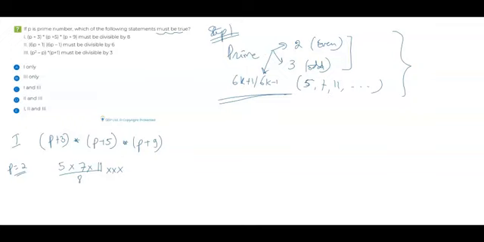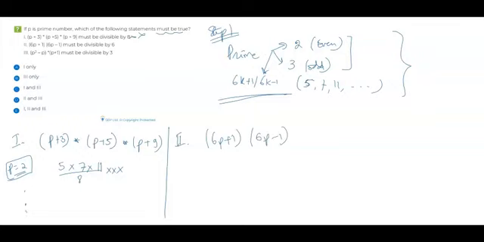So in this case you don't need to check any further, because just taking p equal to 2 clearly tells us that this is not possible. Had this been completely divisible, I would have gone and checked other cases also. Now let's look at the second statement: 6p plus 1 times 6p minus 1 must be divisible by 6.